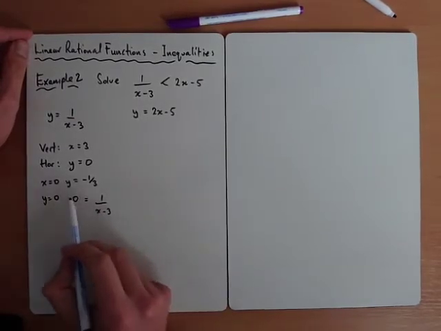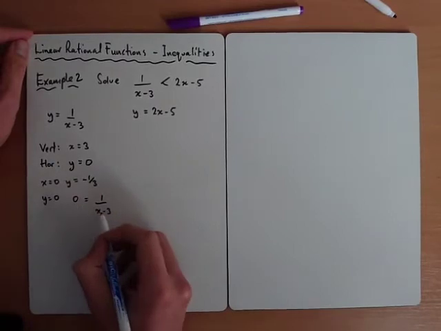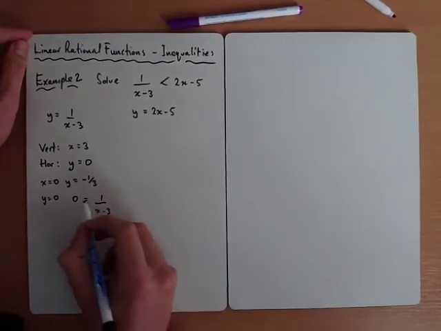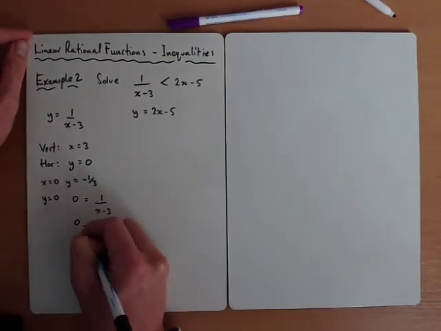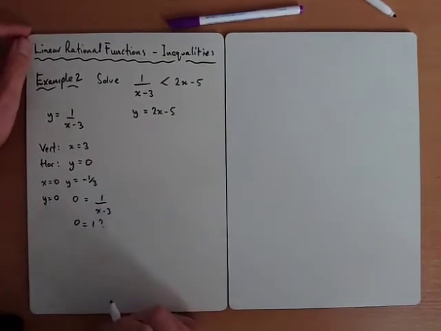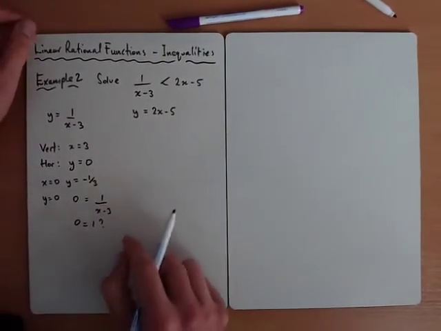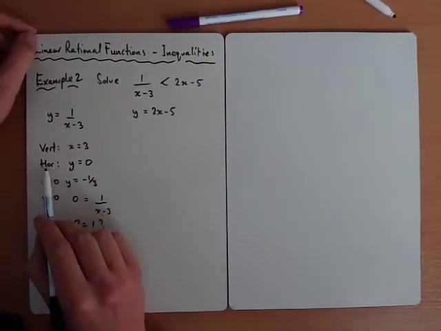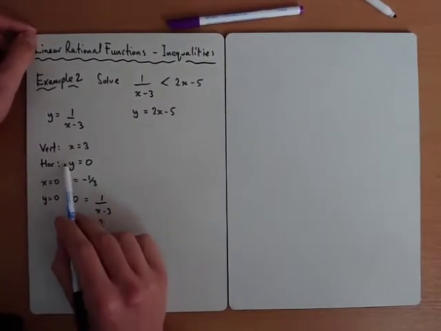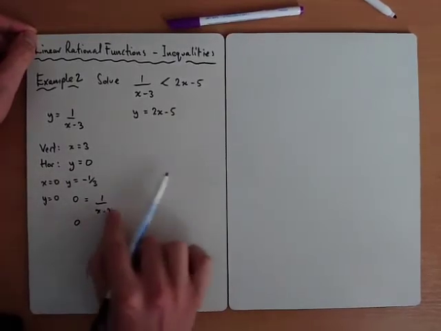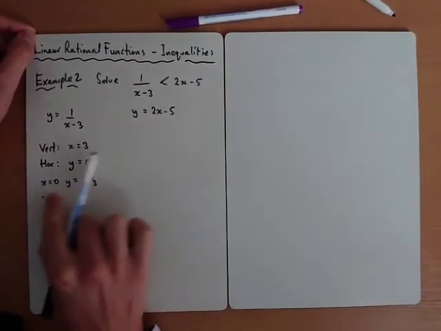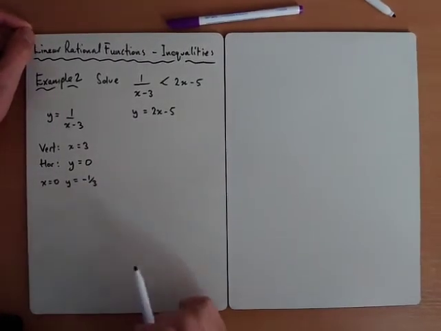If you multiply up, you get 0 times x minus 3. Remember, whenever you get a fraction equal to 0, if you multiply up, it's just the top. So you end up with 0 equals 1. And you think, oh, I've broken maths. But the reality is, for this one, we've got an asymptote at y equals 0. So there's never a solution to y equals 0. It doesn't actually cross the x-axis.